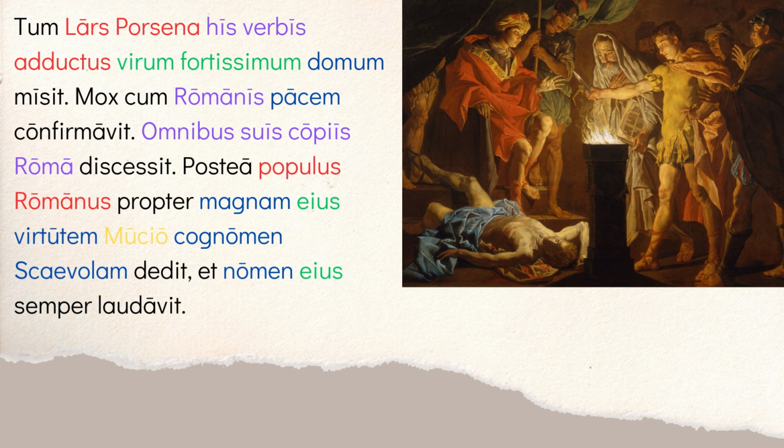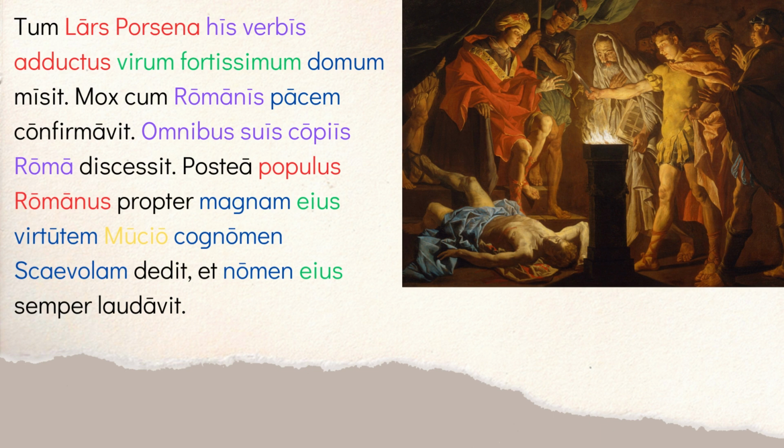Remember, the cognomen is like a nickname. So they gave the name to Mucius, Mucio there is dative. So they gave to Mucius the name Scaevola, which means lefty in Latin. Why do they call him lefty? Because he burned his right hand off. So that nickname is one of honor. Because he was so brave, he burned his right hand, so they call him lefty.